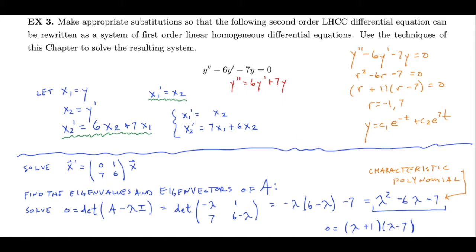If we set up a system of linear differential equations using this protocol, this sort of recipe or strategy for converting an LHCC differential equation into a system, then it will always be true that the characteristic polynomial of the coefficient matrix in that system will match the characteristic polynomial that we would have got using our Chapter 3 technique.